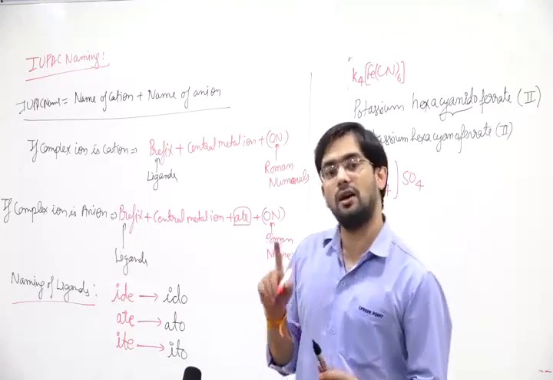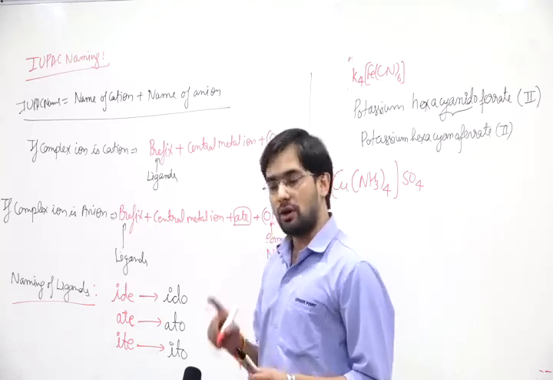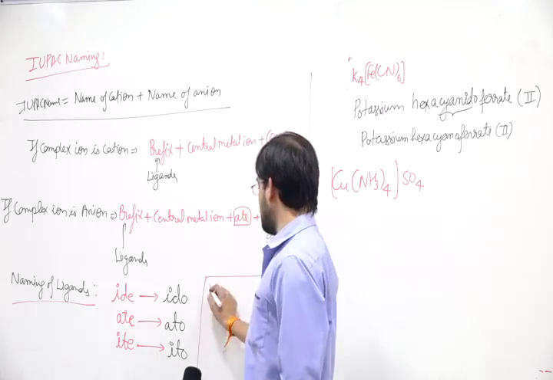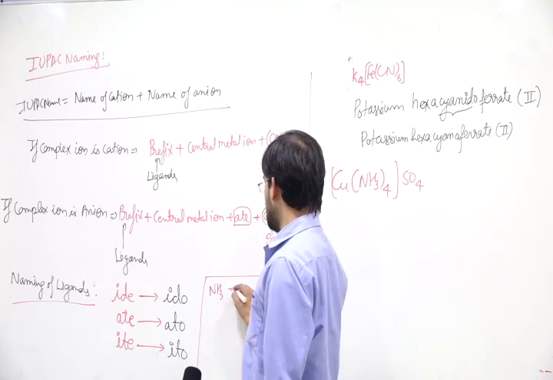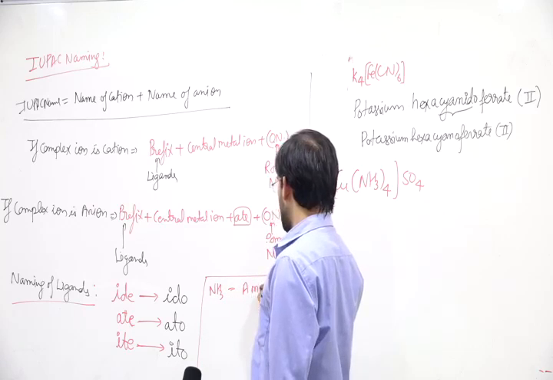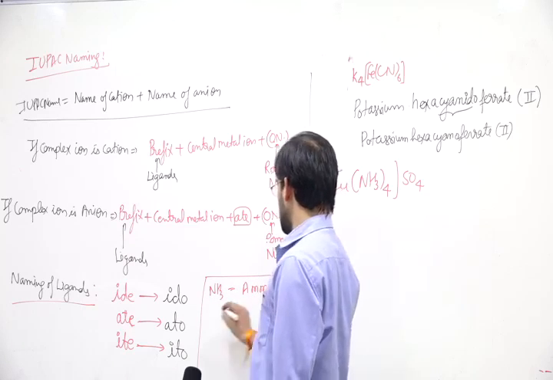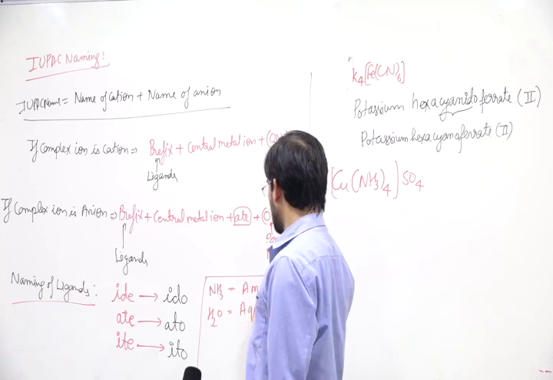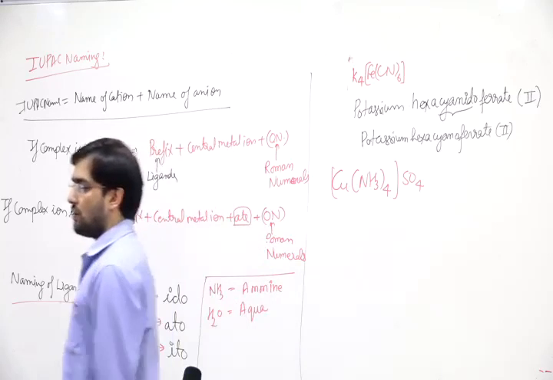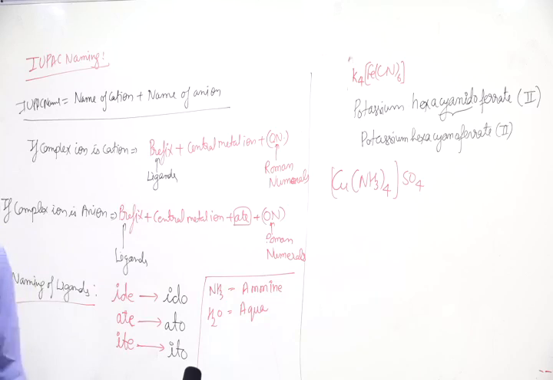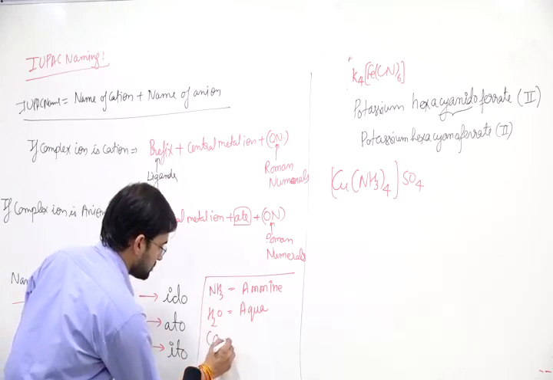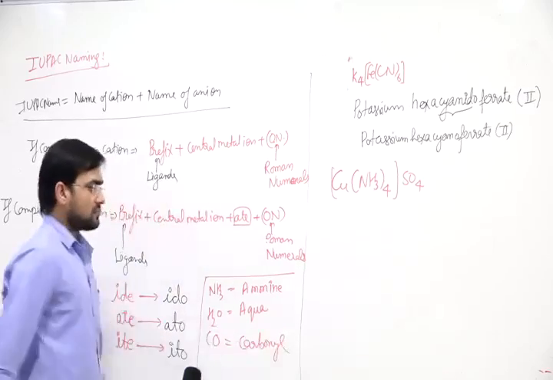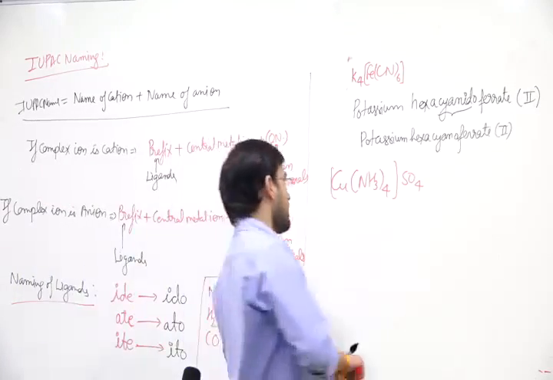When the ligand is neutral, it has its own name. NH3 is known as amine, water is known as aqua, and CO is known as carbonyl.